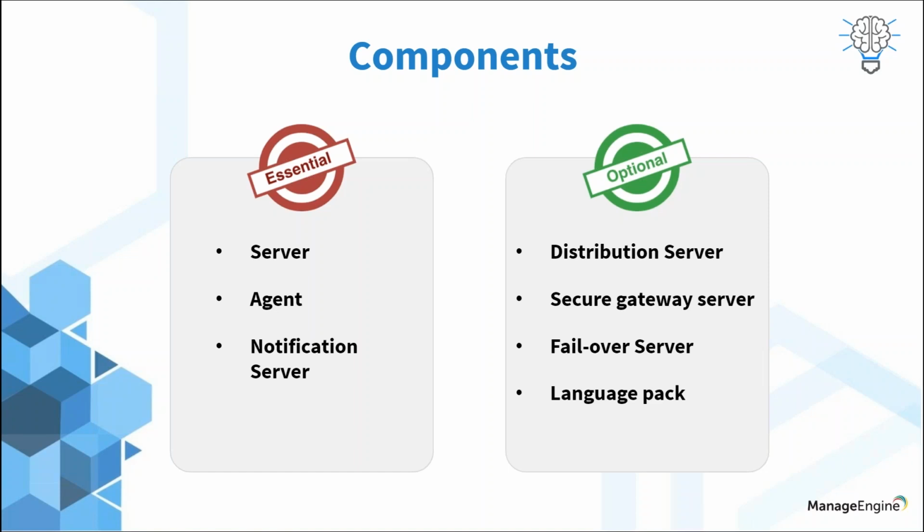Then we have the secure gateway server. This is useful if you're going to manage machines that are not part of the LAN or connecting over the internet. We also have the failover server, in case you want to have high availability, you can make use of this, and this is separately licensed. Moreover, you can also use a language pack to view the web console in your preferred language.